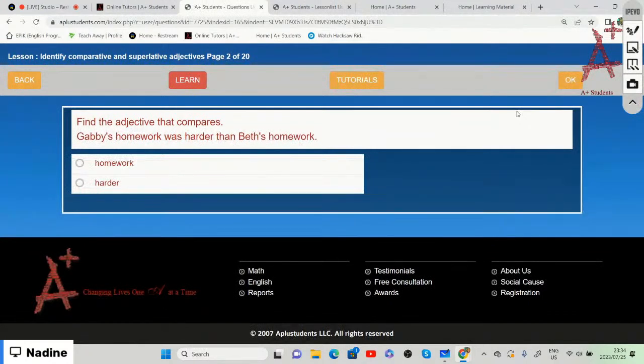Gabby's homework was harder than Beth's homework. We need to choose the correct adjective that compares. Is it homework or is it harder?